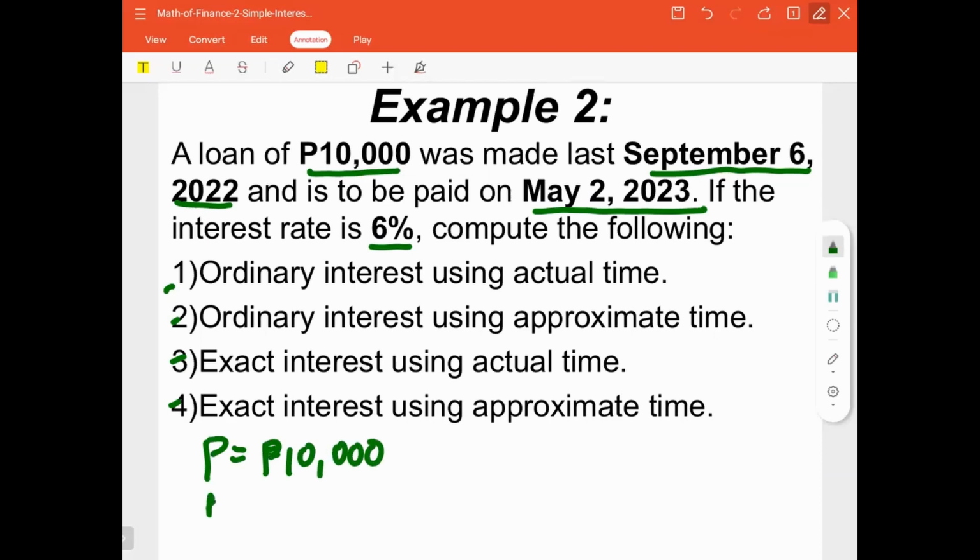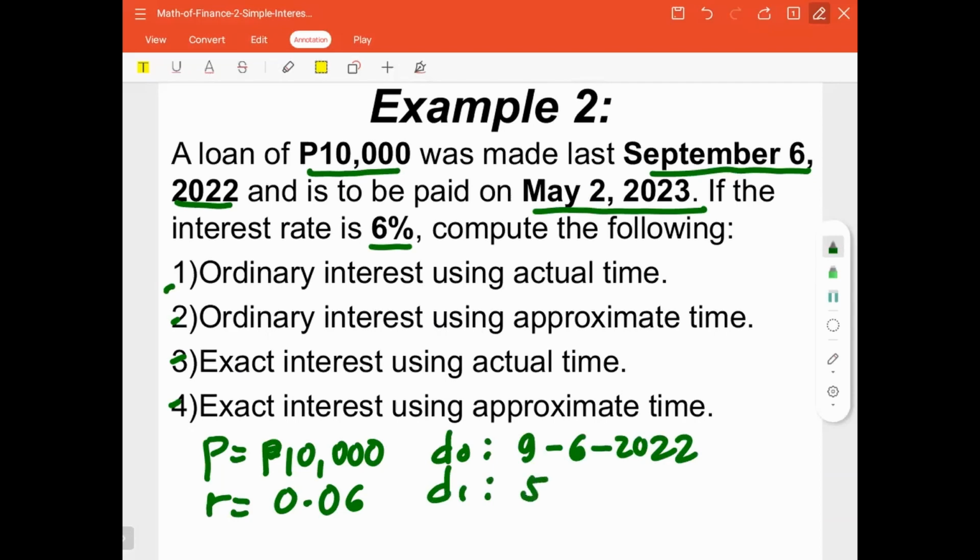And the rate of interest is 6%, which is to be written as a decimal number, so that's 0.06. Then the initial date, the date of the loan, is September 6, 2022, which will now be written as, September is the 9th month of the year, so 9/6/2022. And the maturity date is May 2, 2023, so that's 5/2/2023.